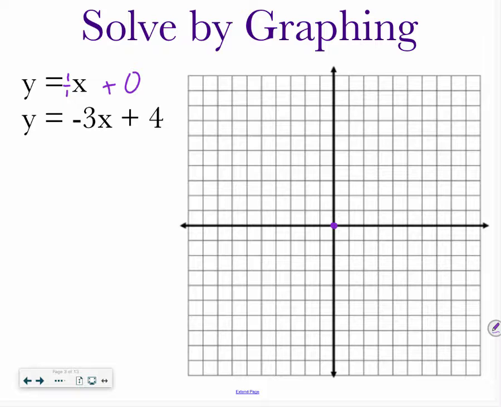So I'm going to go up 1, over 1, in the positive direction both times. Or I can go down 1, left 1, negative both times, because a negative 1 divided by a negative 1 is also positive. Then if I connect all of these dots, I have the graph of y equals x.